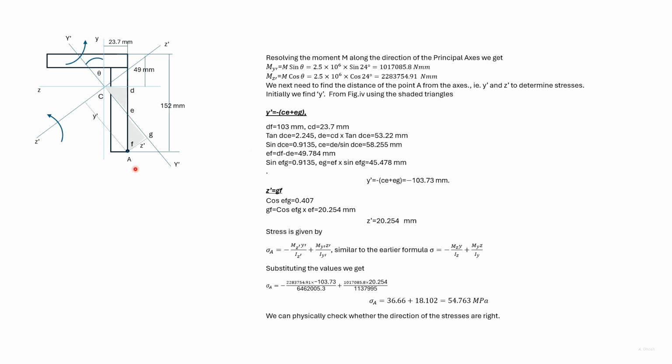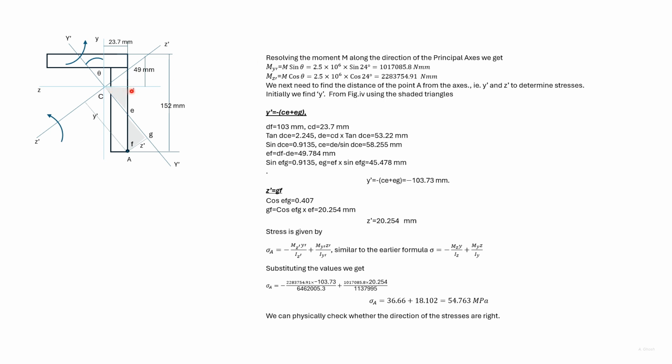In order to find out the stress at the point A, we need to find y dash and z dash, that is CG and FG. We are given these two dimensions, so we can find out DF. We are also given CD. Now this angle is theta, so the angle DCE is 90 minus theta.